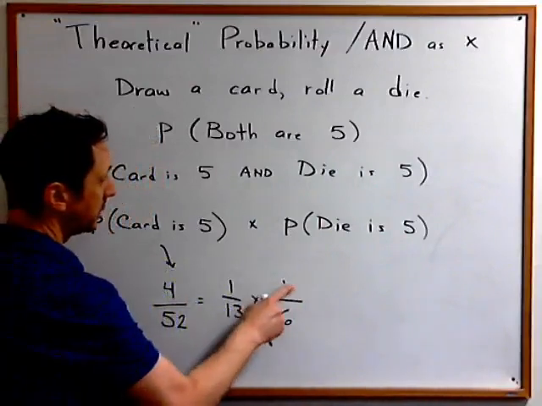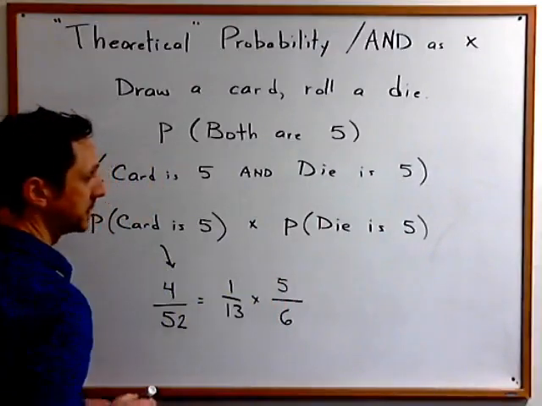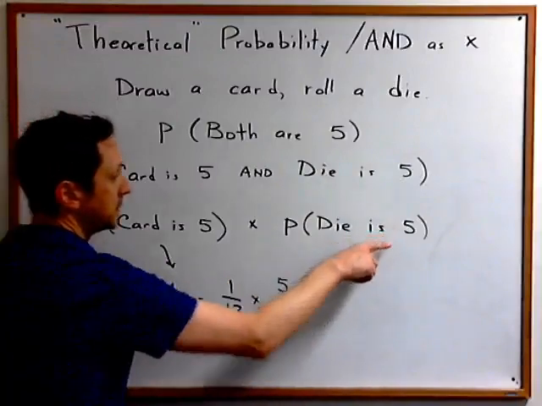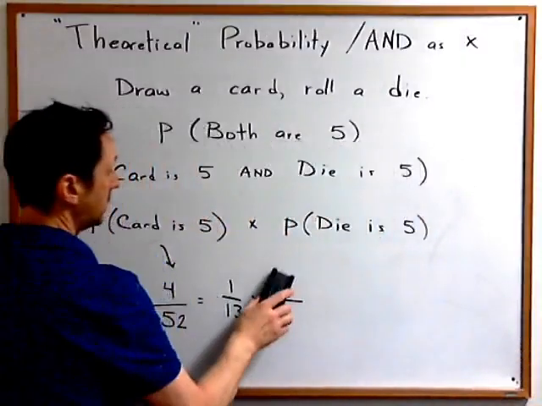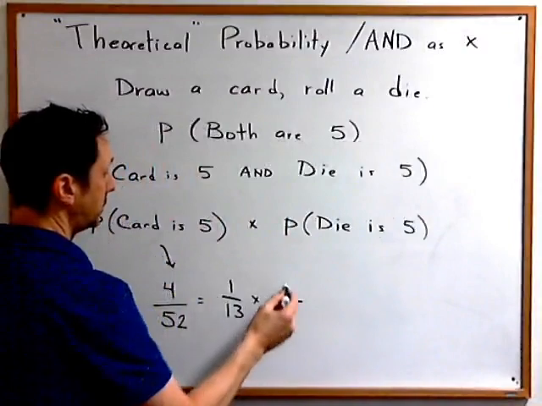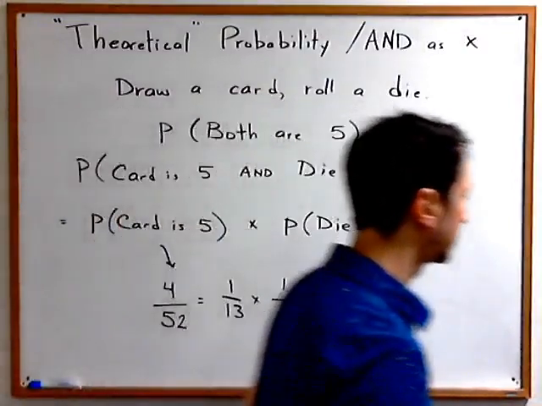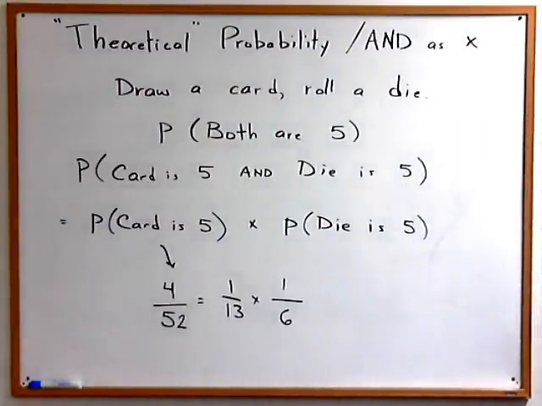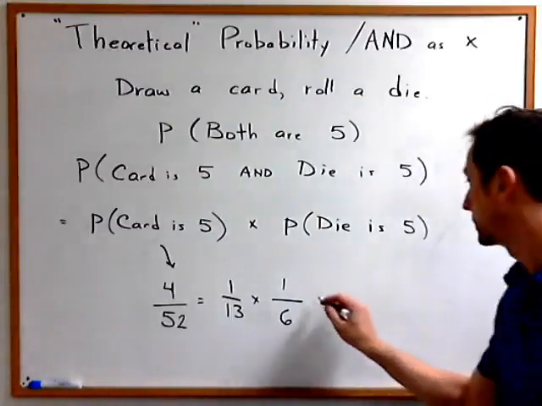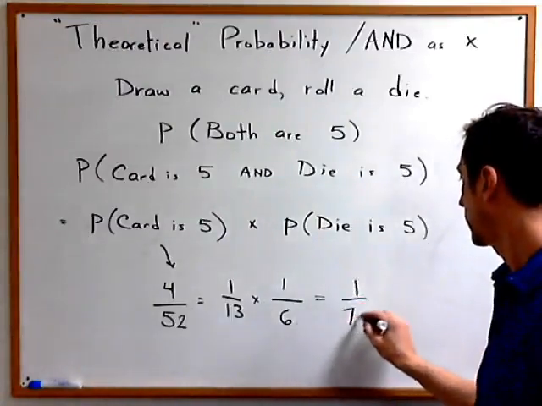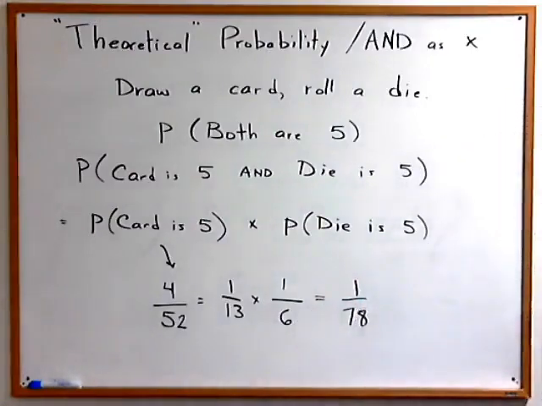So I hope you didn't think that this probability would be 5 out of 6. Just because this is literally a 5, it doesn't mean that there are 5 5s. There's only one 5. So the answer to this problem would work out to be 1/13 times 1/6, as a fraction 1 over 78.